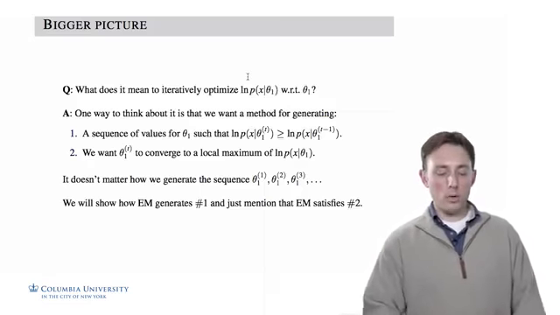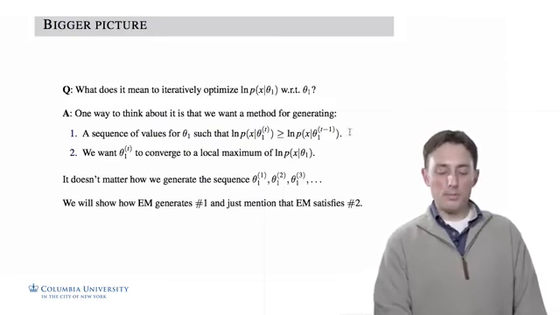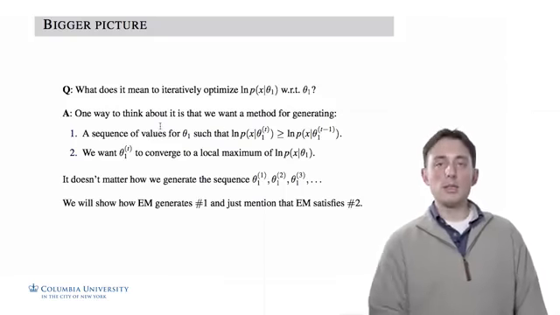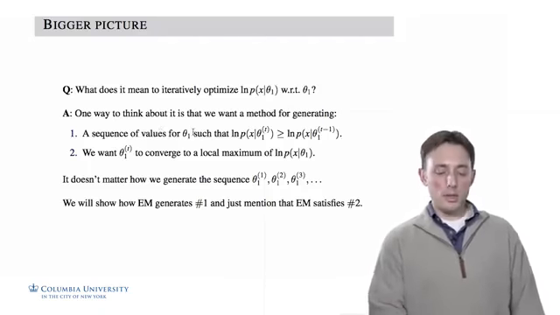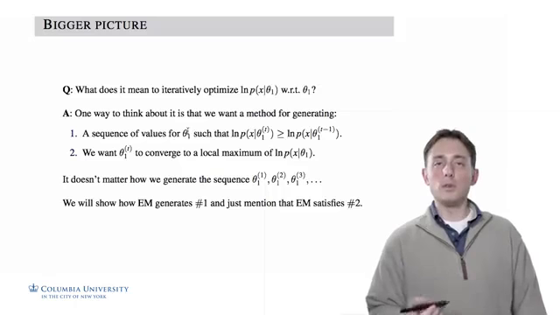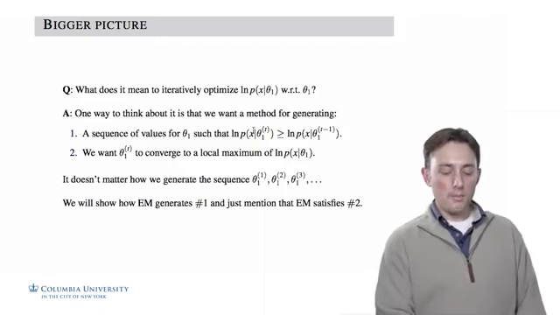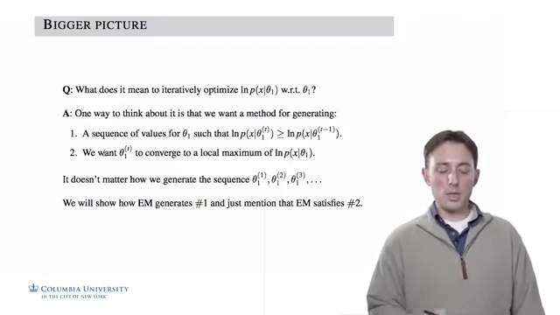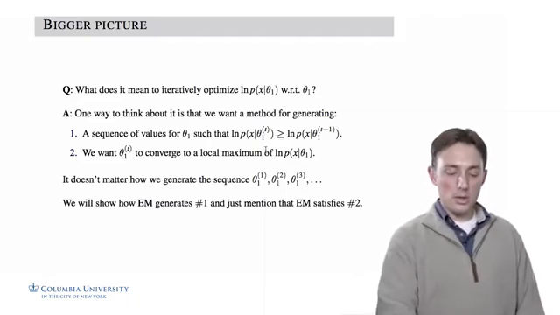In this lecture, we're going to show how the EM algorithm gives us a sequence of steps to follow so that we're continually finding new values for theta 1 that are increasing this log likelihood. But we're not going to discuss the proof that the sequence also converges to a local optimal.